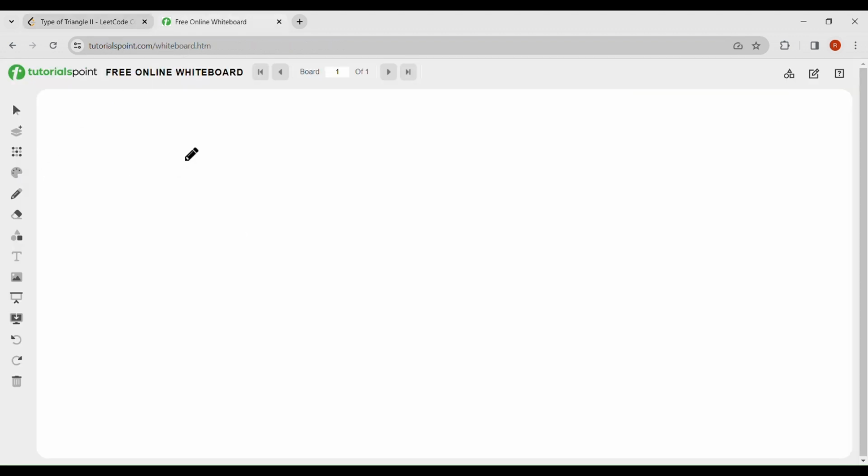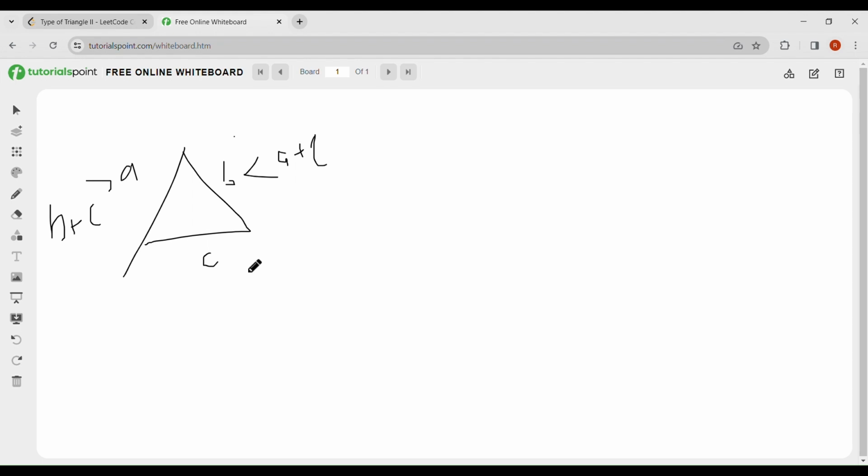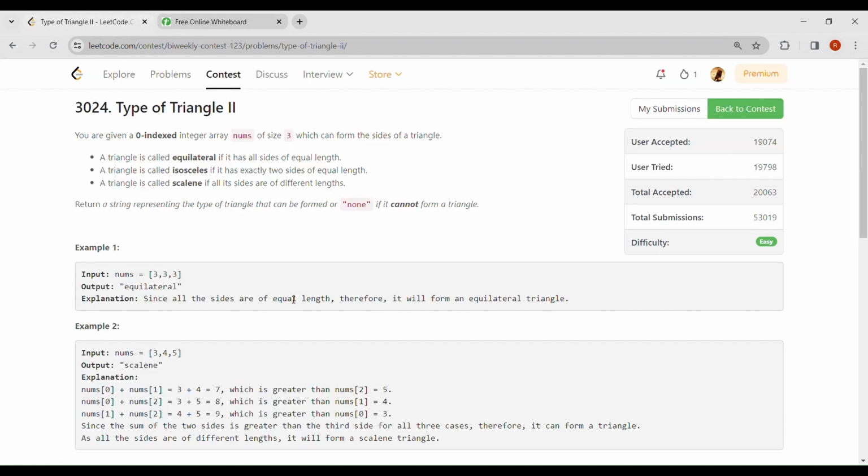Suppose this is triangle A, B, C. These things should be true: A plus C, the other two sides, should be greater than B. Similarly, B plus C should be greater than A. And A plus B should be greater than C. You just need to check whether these three conditions are satisfied at the same time.